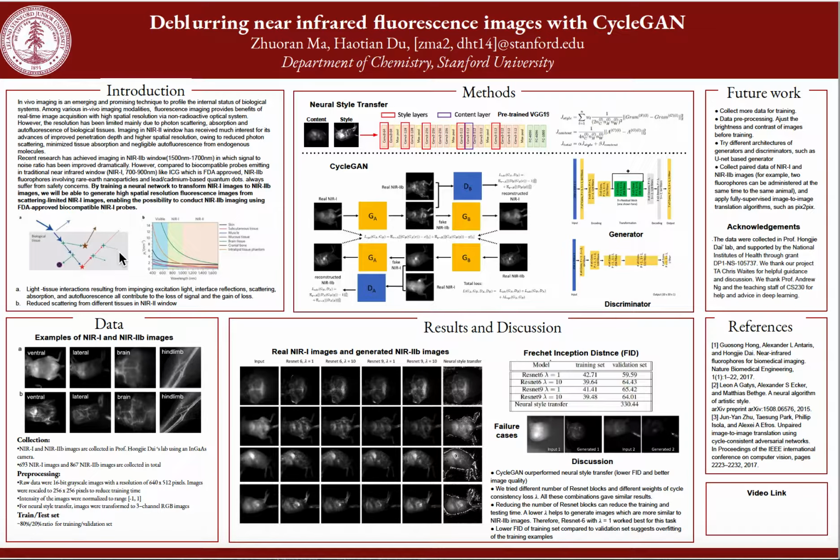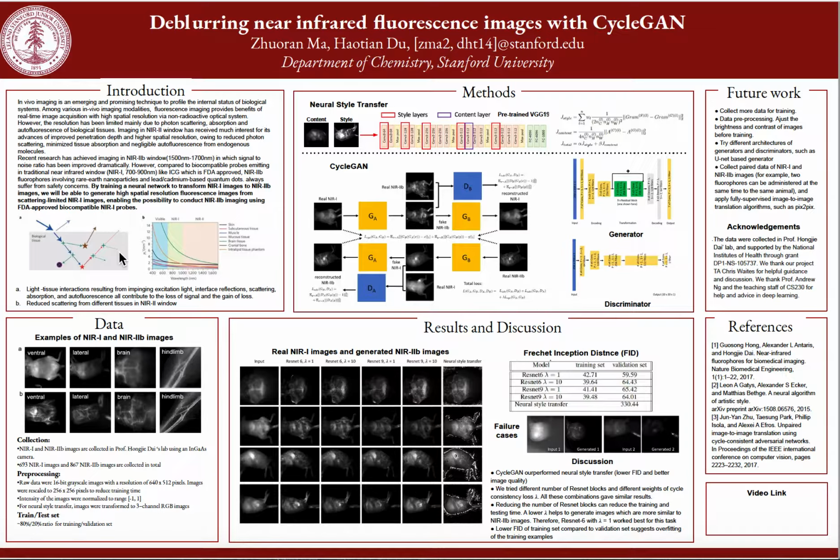And recent research, which both of us have been working on, has further extended the imaging wavelengths to the long end of the NIR2 window. That is what we define as NIR2B here. However, even though NIR2B imaging shows unprecedented image quality, fluorescence probes used here always involve heavy metal elements, and they always suffer from biocompatibility or safety concerns.